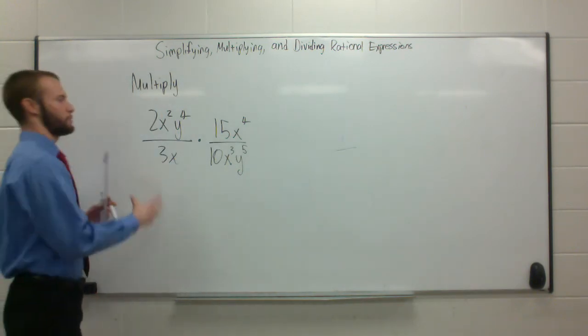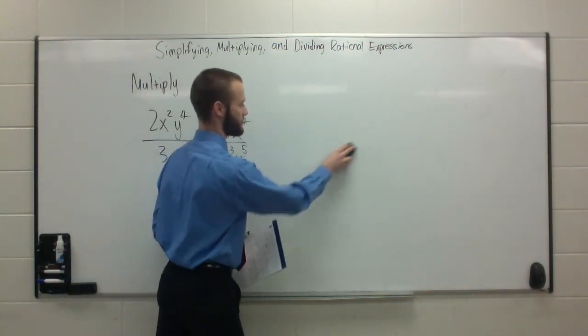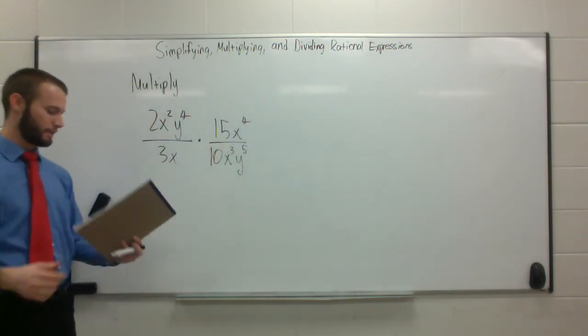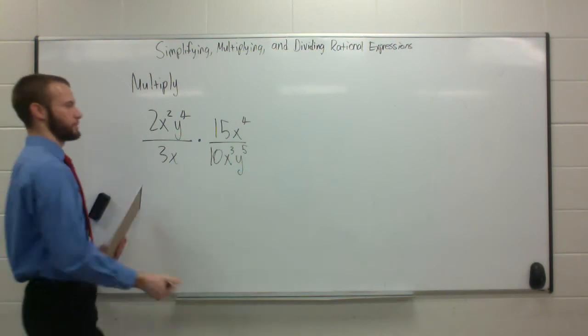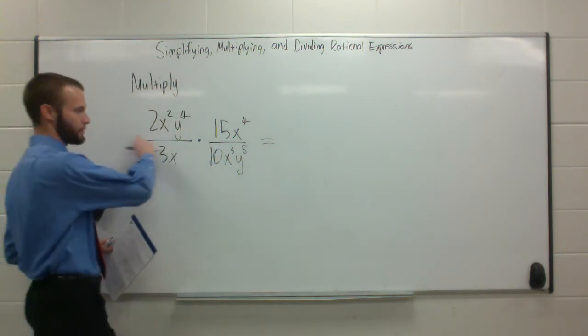As you do more and more of these, you'll come up with shortcuts and start simplifying before you multiply. But since this is the first one we're doing, let's just multiply it like you multiply a fraction. So we go straight across.